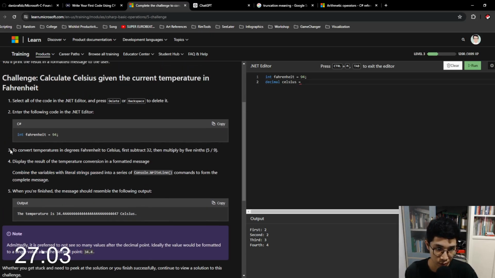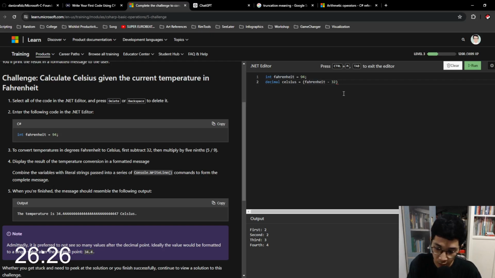But I think I have to finish the challenge steps first, the conversion. So for Celsius, I think I can use intermediate variables. Celsius is assigned from Fahrenheit. What I need to do is Fahrenheit subtracted by 32, and don't forget the parentheses, because this is what goes first.